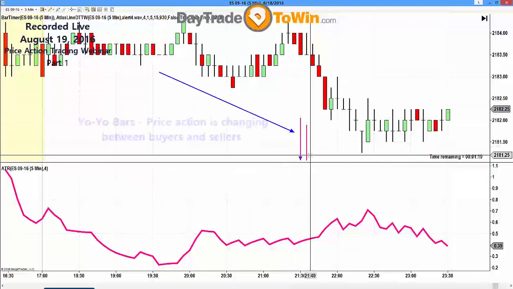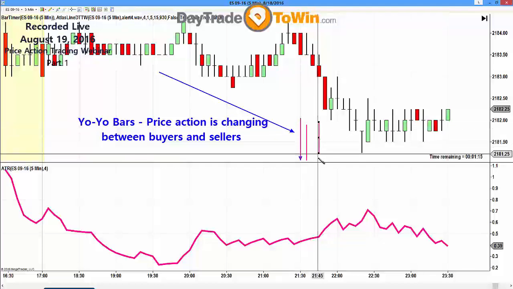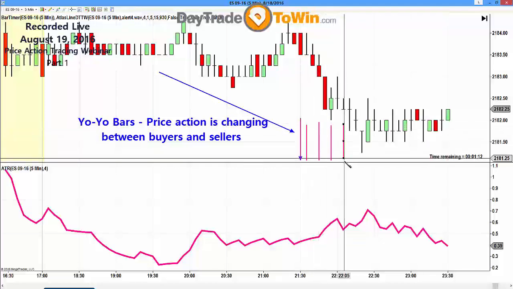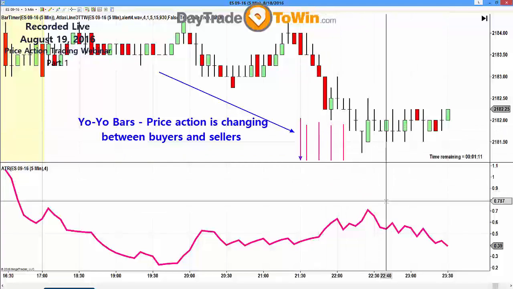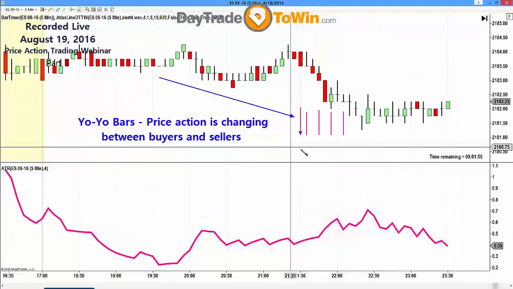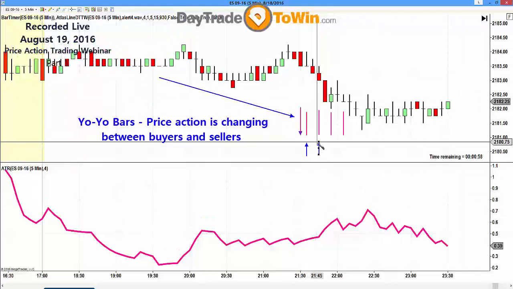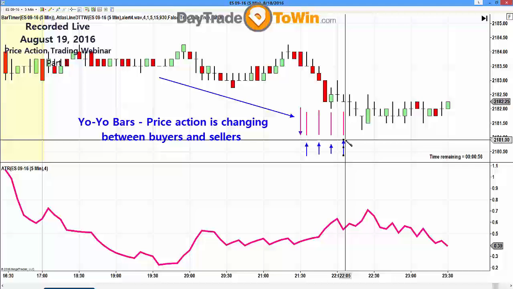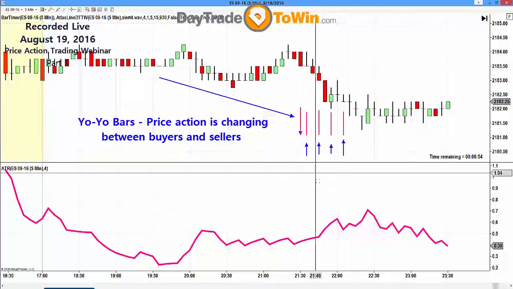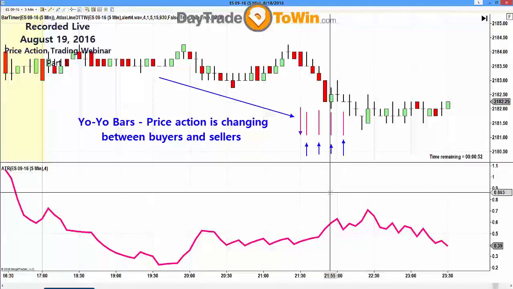Everybody can agree there's a candle with a wick every other bar. But when you see a grouping of candles with wicks, it's not to say that the market's going to reverse, but remember, here we go with price action. Price action is telling me something internally is changing. Pay attention, because if the buyers are about to step in, maybe this market is beginning to fail. I can see it with the price action.